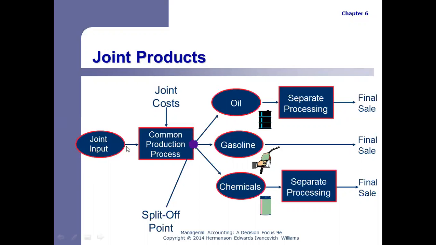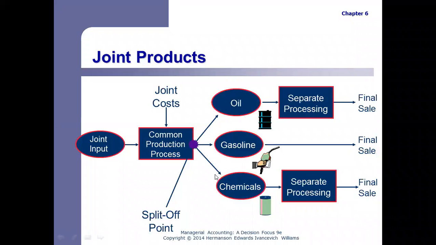So there's some cost up front that affects all of the products. Those are again called joint costs. Then at a certain point called the split off point, that crude oil is processed into oil, gasoline, chemicals.